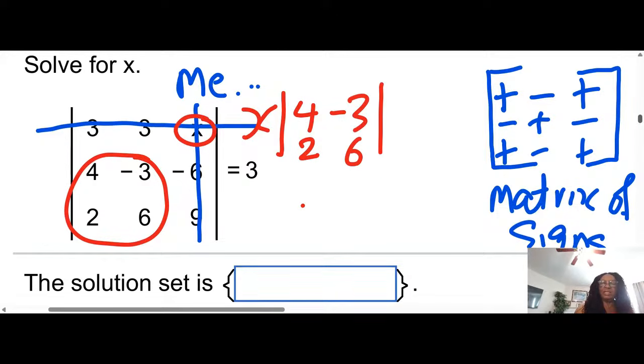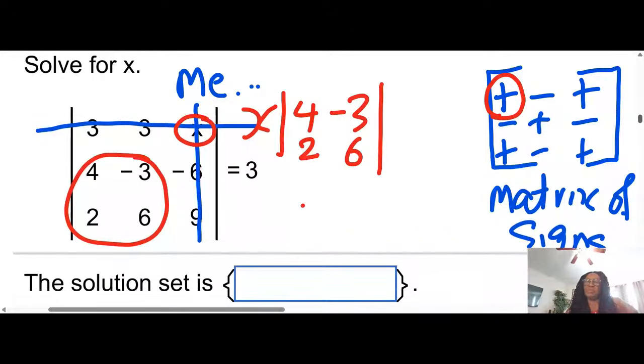I'm going to evaluate this, 4 times 6. By the way, for now, I will not evaluate it. This X is positive because the matrix of signs is positive.